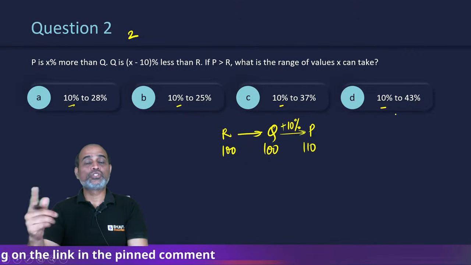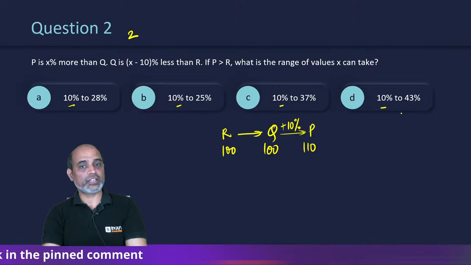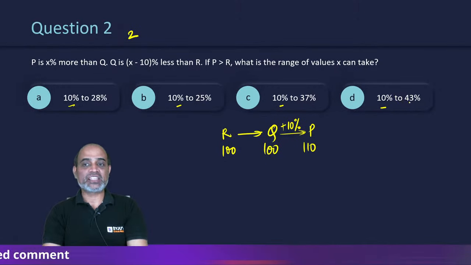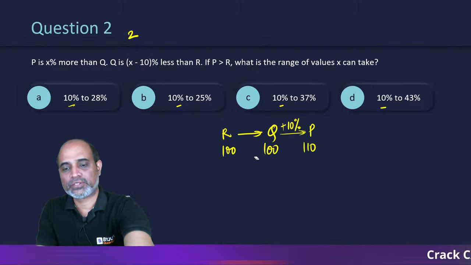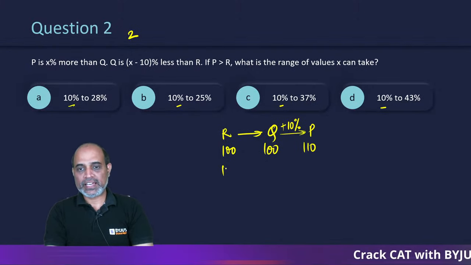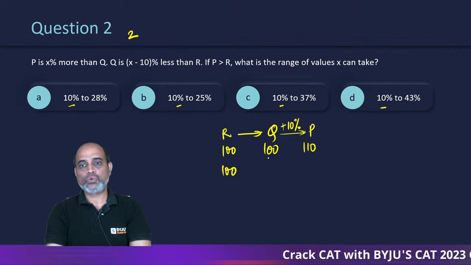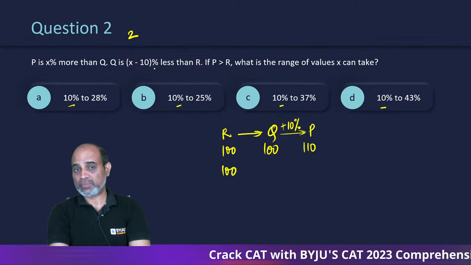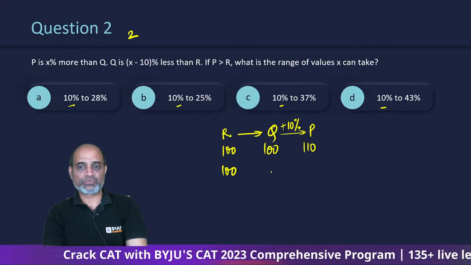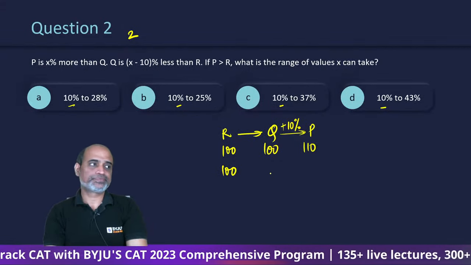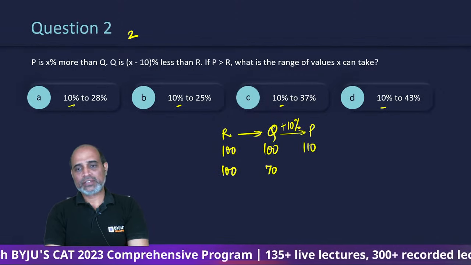Now let's choose an option which is not there in others. So I will take X as 40%. ठीक है. अब मैं next वाला try करता हूँ कि if I take R as 100, तो Q is 30%. 40 minus 10, right? X को मैंने 40 लिया. 30% less than Q. 30% कितना हो जाएगा? 70.